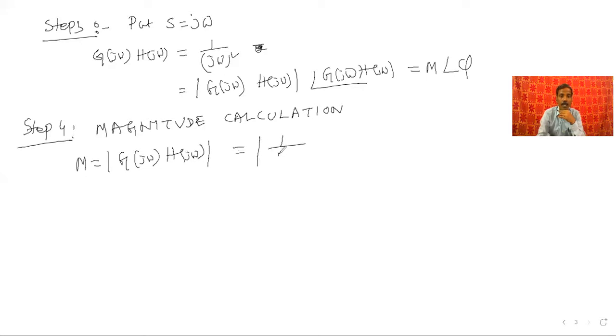Magnitude of 1 by (j omega) whole square. This is equivalent to 1 by omega square. And step number 5, phase angle calculation.